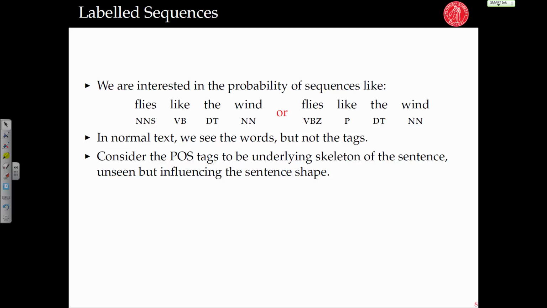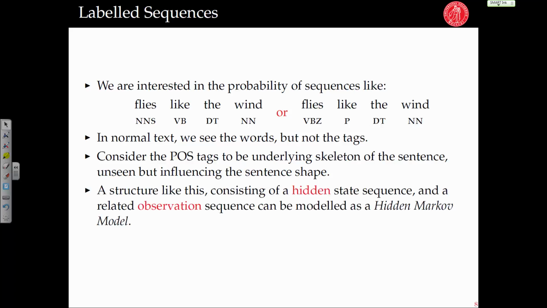So from now on, we will talk about this hidden part of the sentence, which will lead us to defining a structure that consists of an observable, seen if you want, sequence, which is the words, and an unseen, hidden sequence, which is the part of speech tags.